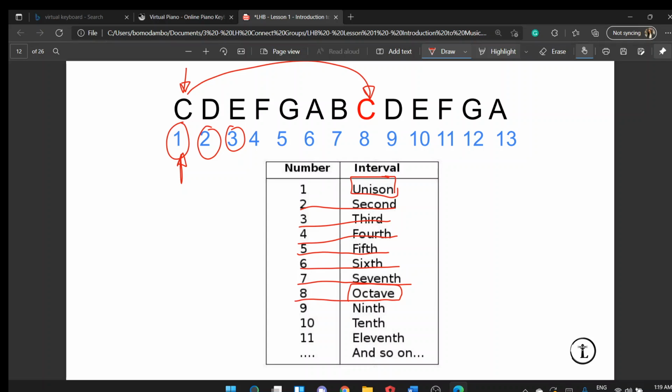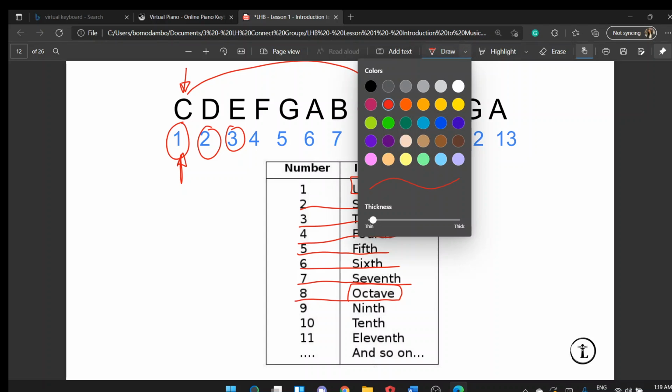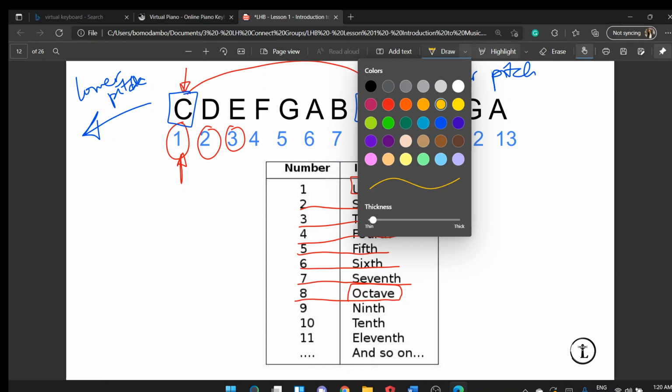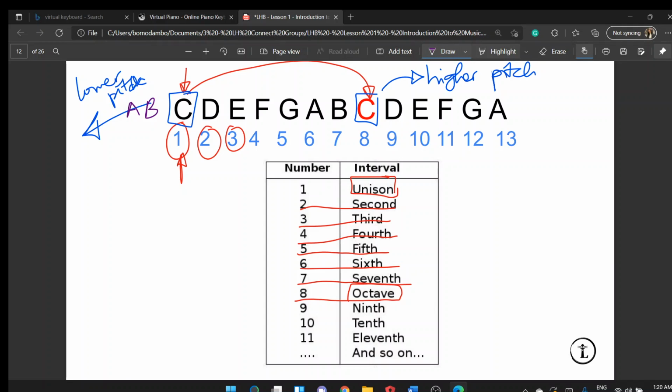Because what's happening is that you're playing that same note. The only difference is that you're playing it on a higher pitch. It could be a higher pitch, it could be a lower pitch. So if you go backwards, because you know that the music alphabets repeat themselves, we could have something behind C. So we could have B here, A, G, and so on until we get to a C here, and that C would be an octave from our original starting key.